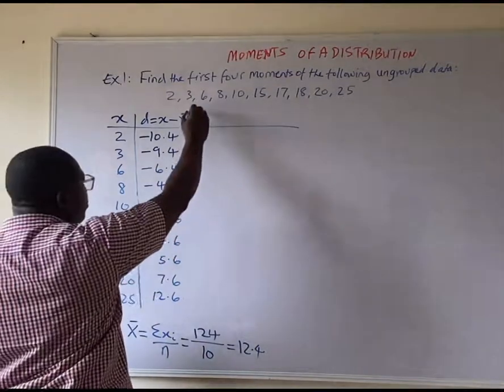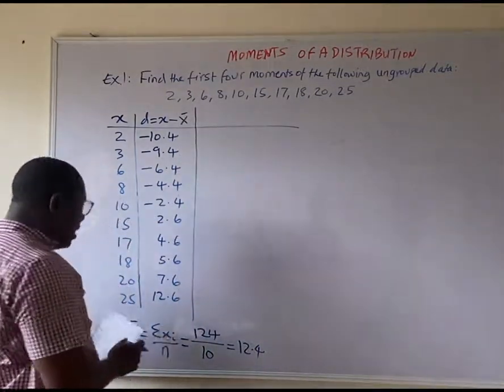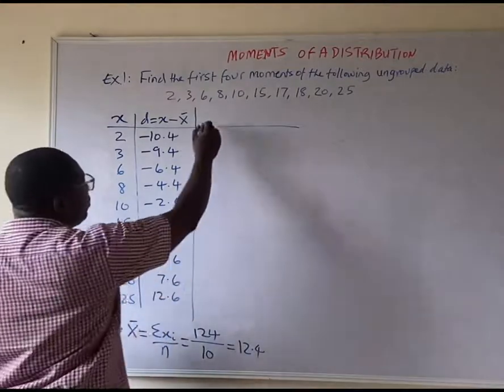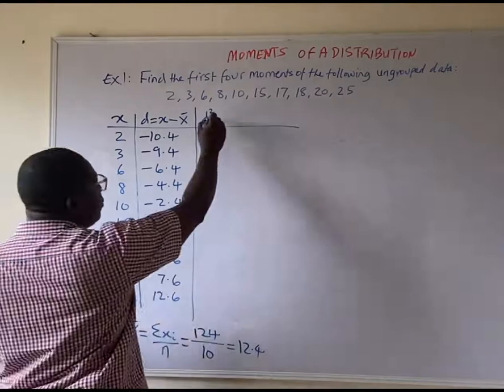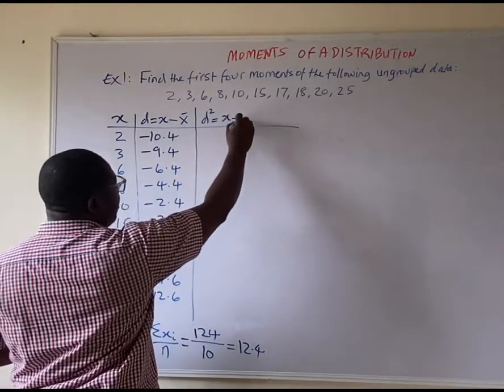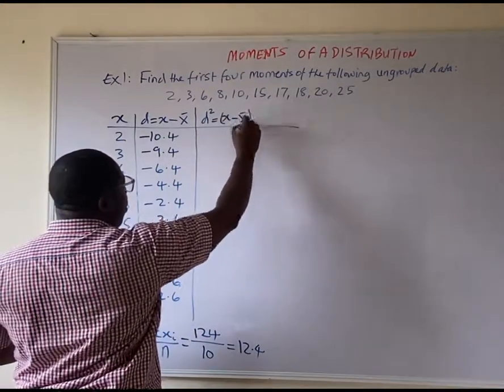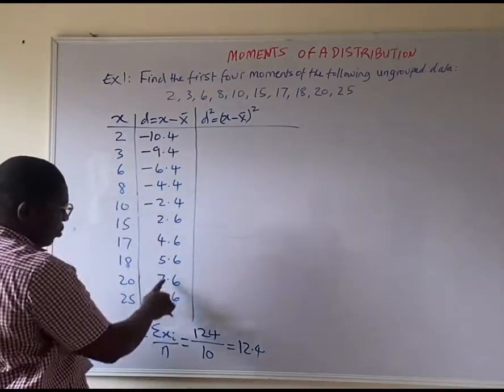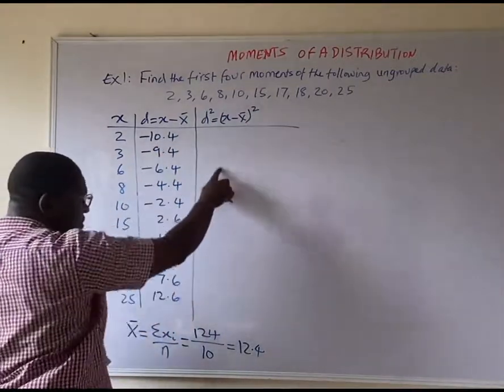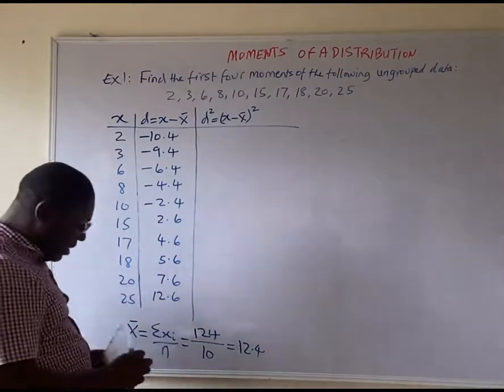The next thing we'll do is to have our second degree of deviation, that is d raised to power 2. And d raised to power 2 is x minus x bar all squared. So we're going to square these values one by one and produce the answers here.